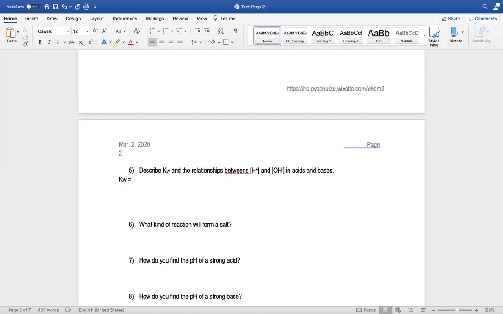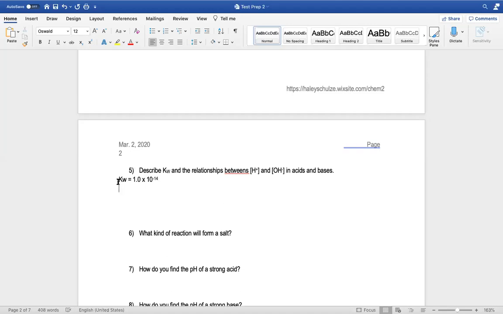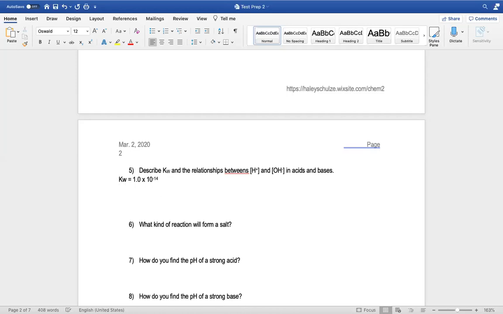What do you remember the value that it is? 10 to the 14th power? Yeah, it's 1.0 times 10, and then it's negative 14 or positive 14. I can't remember. It is negative 14. So to the negative 14th power. And that's a constant. That's the way it'll always be. That's something you got to remember. Kw is equal to 1 times 10 to the power of negative 14.